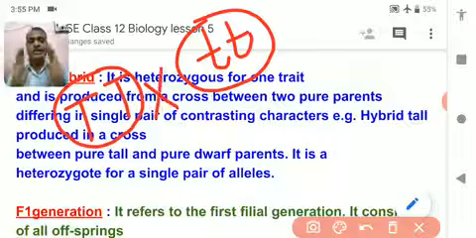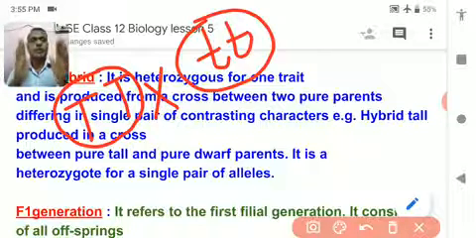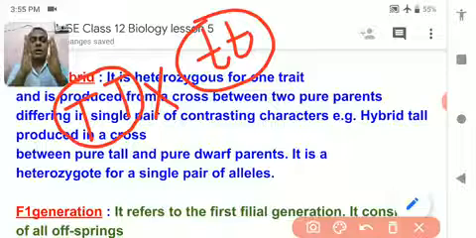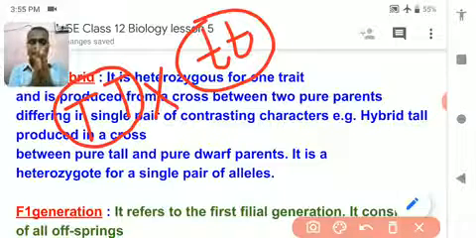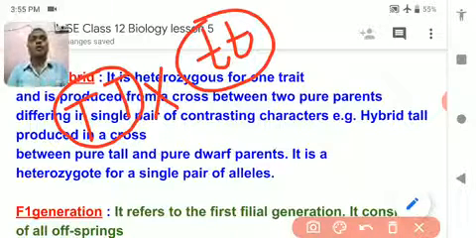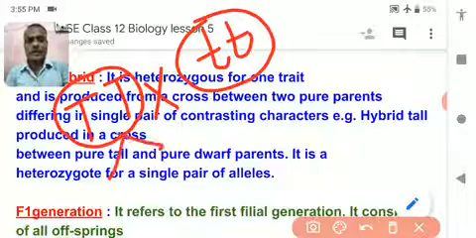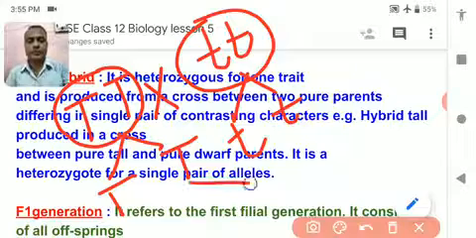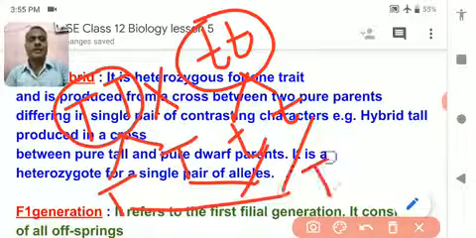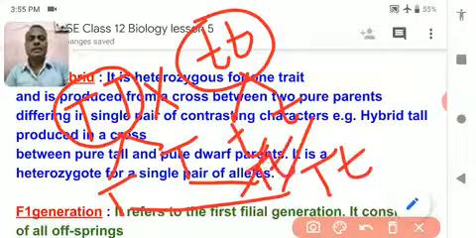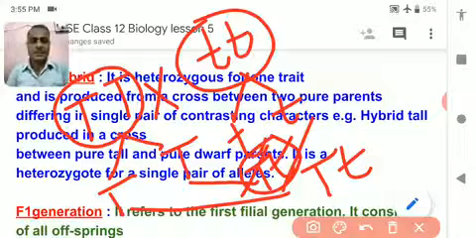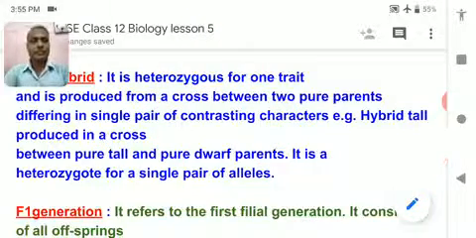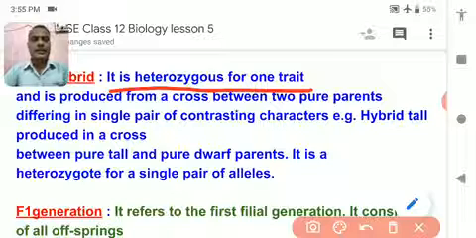If a single character has been chosen to cross between two different organisms of the same species, then this type of cross is called a monohybrid cross. In this type of cross, only one character is chosen. Understood? Let's study. It is heterozygous for a trait.